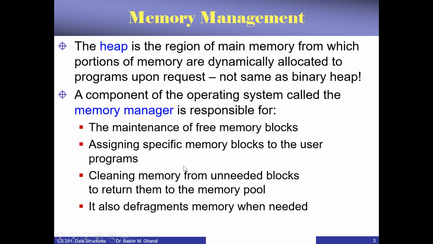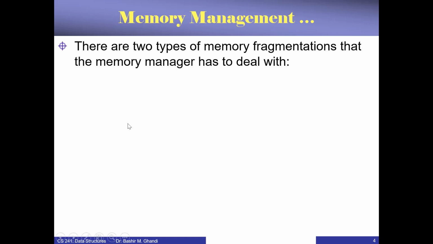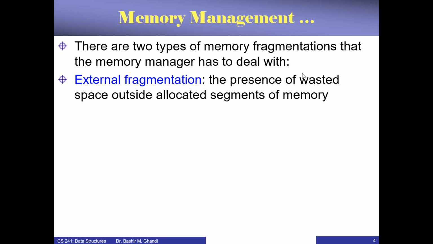But before we proceed, let me just explain about this fragmentation, because it can be of two types. Okay, so it says there are two types of memory fragmentations that the memory manager has to deal with. One is called external fragmentation.